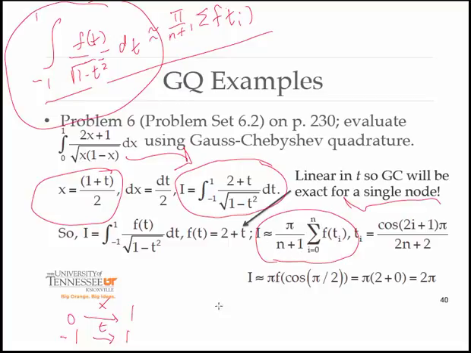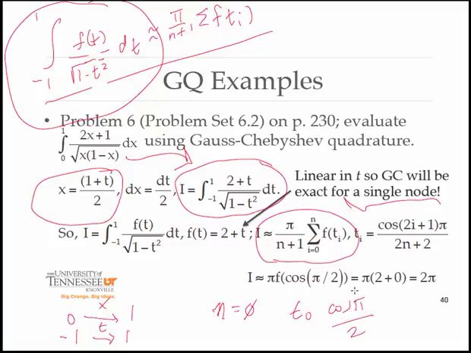There will only be one particular abscissa, which corresponds to i equal to 0, so that's why you'll have cosine of pi over 2 times 0 plus 2, which is 2. Okay, so that's where this comes from.